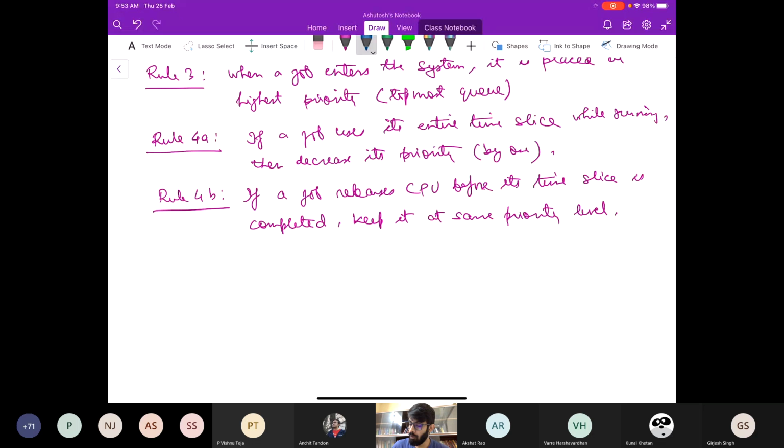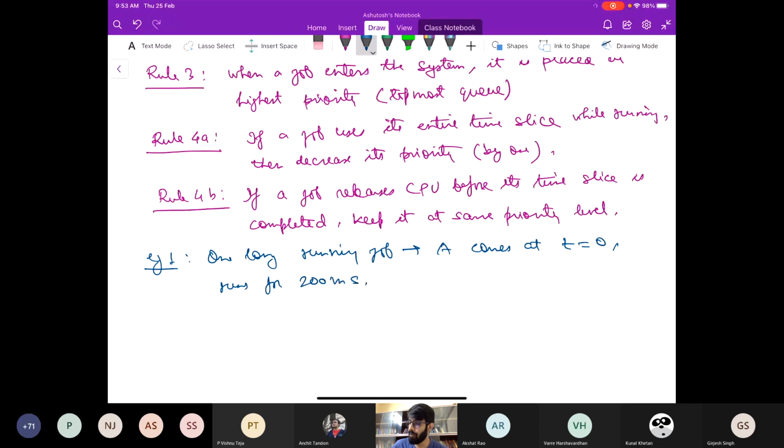Suppose there was just one long running job. So example 1 is one long running job. Let's say A comes at t equal to 0 and runs for 200 milliseconds, and suppose the time slice is 10 milliseconds, as in the book.